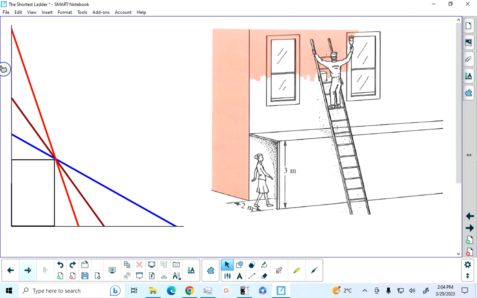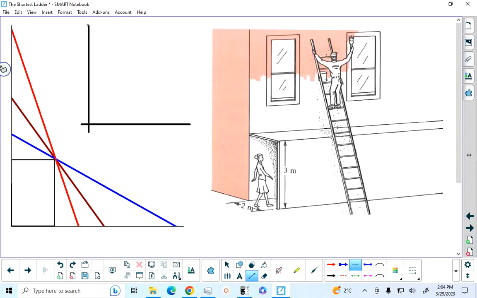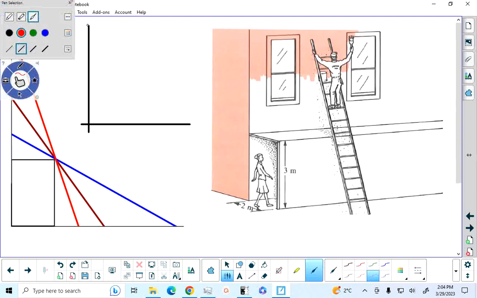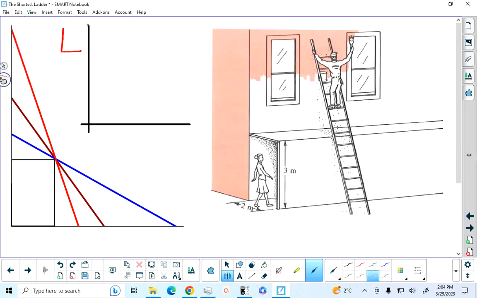And that kind of brings us to the main idea behind maximization problems or minimization problems. This is a minimization problem. I'm going to call the length of the ladder L. We have something which we would like to make as small as possible.